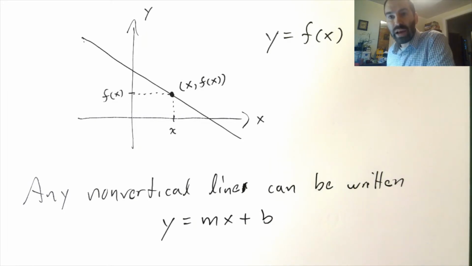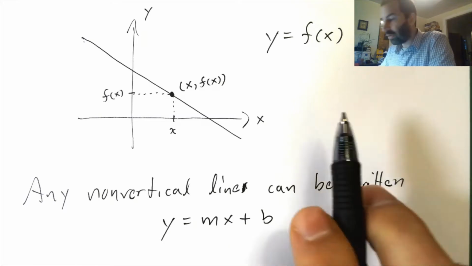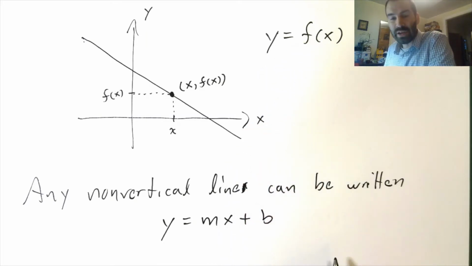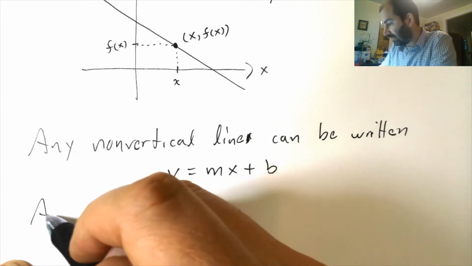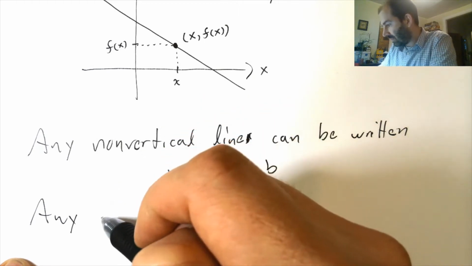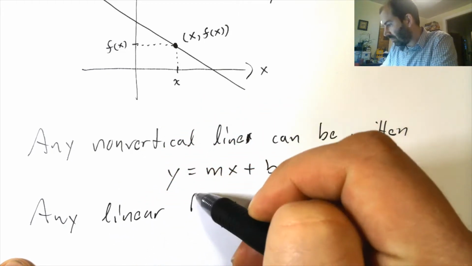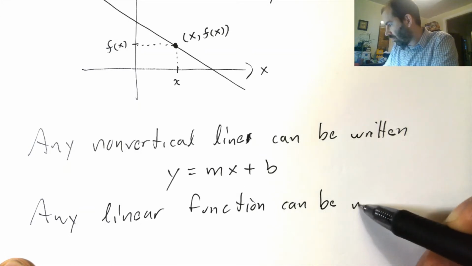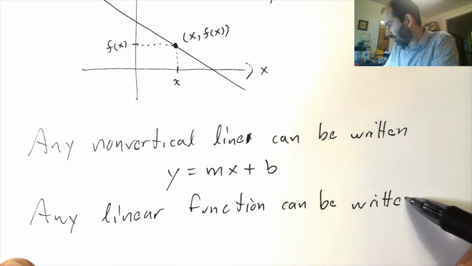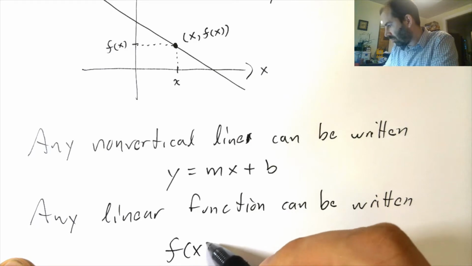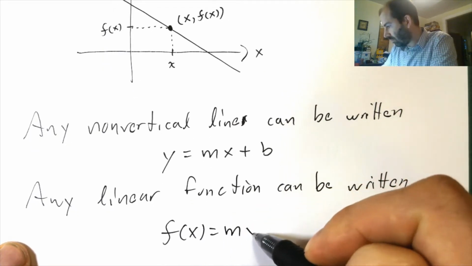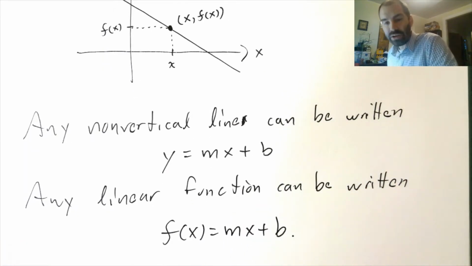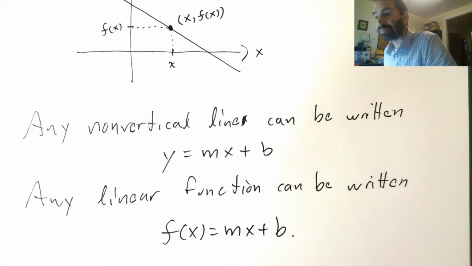So how can we write any linear function? Well, remember, we're letting y equal f of x. So any linear function can be written as f of x equals mx plus b. Any linear function has this form.